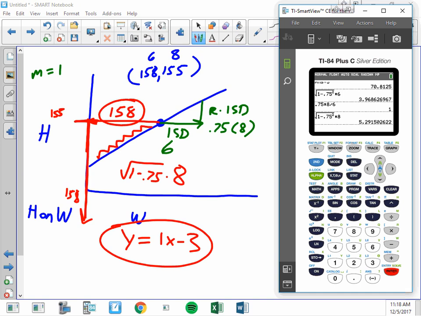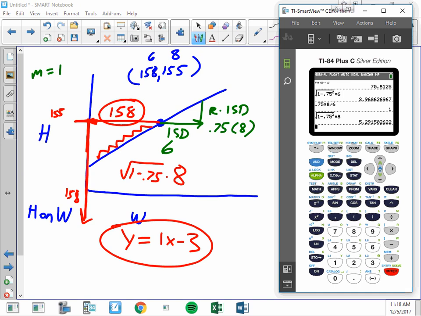Okay. Now, number 19. What is the predicted wingspan for a woman who is 195 centimeters tall? How many of you did this the hard way and drew the picture? All you have to do for number 19 is plug it into, is it this one or the other one?